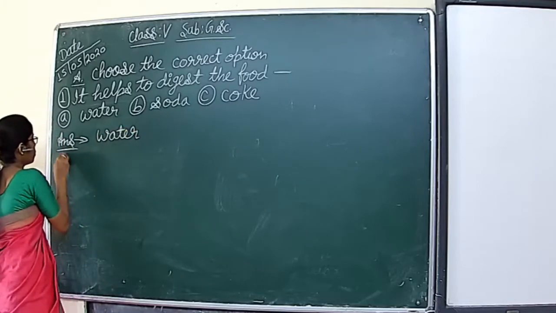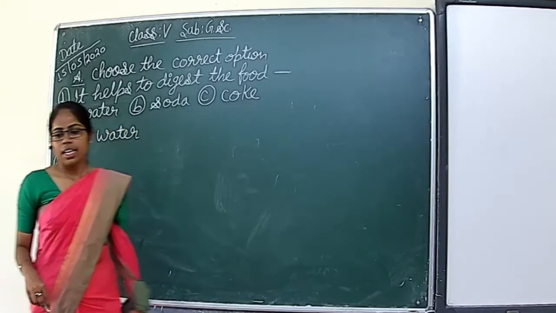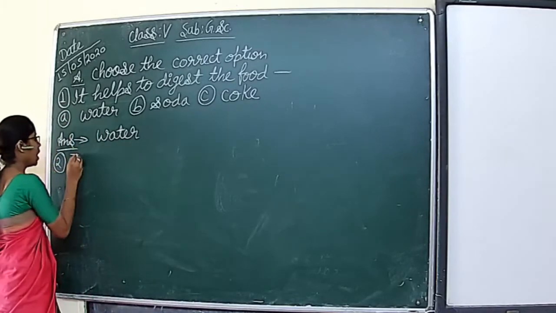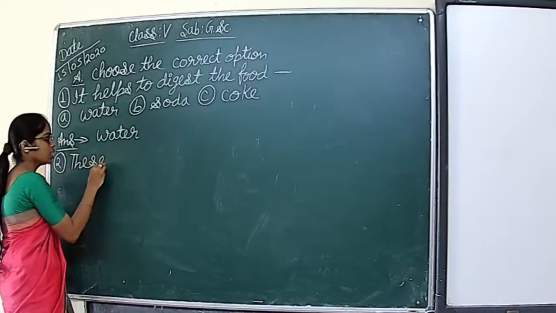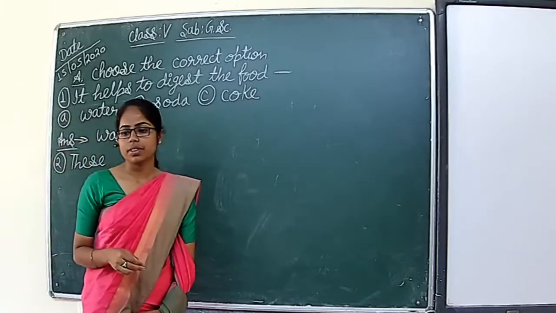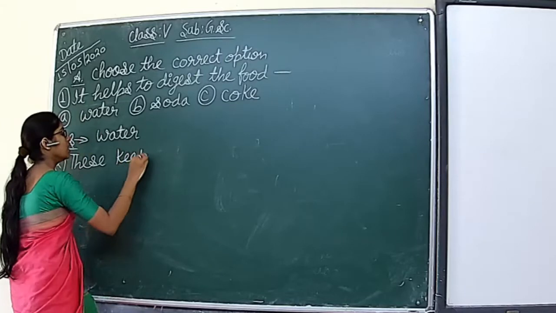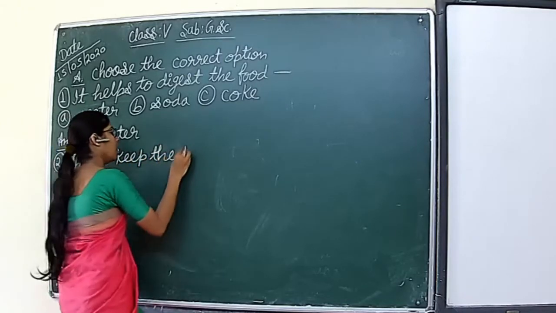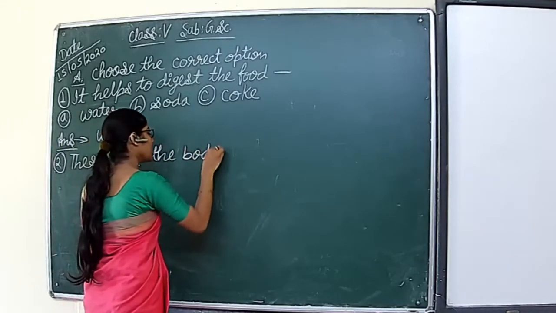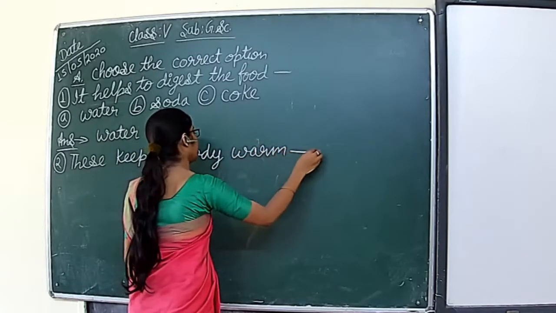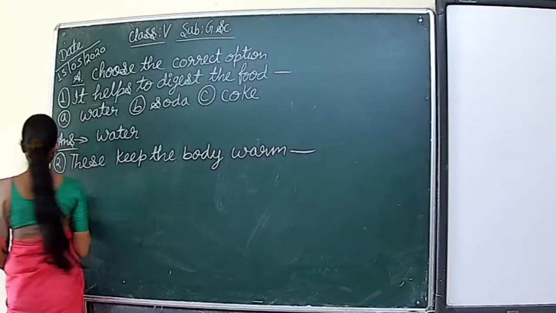Question number 2: This keeps the body warm. Please write along with me if you don't have the book. And if you have the book, tick there. This keeps the body warm.